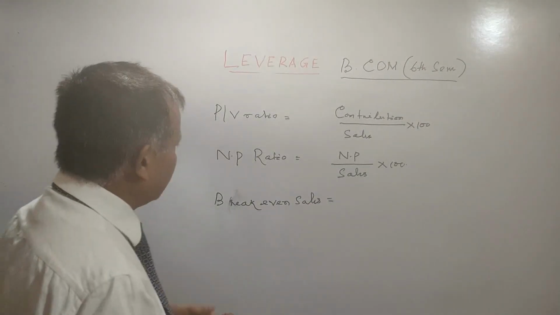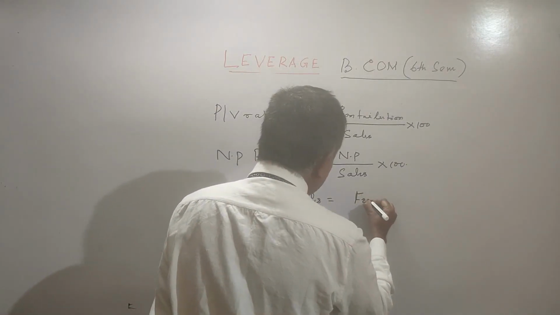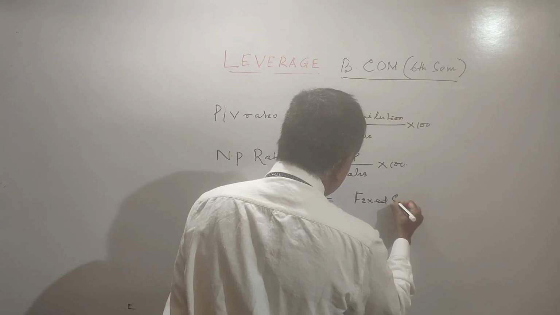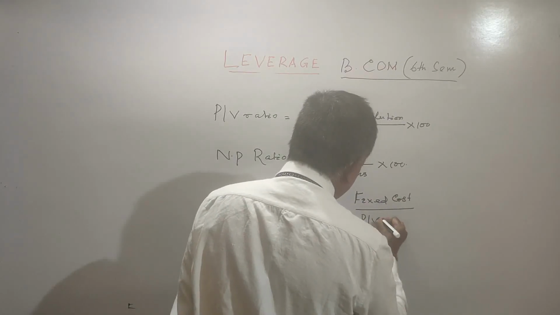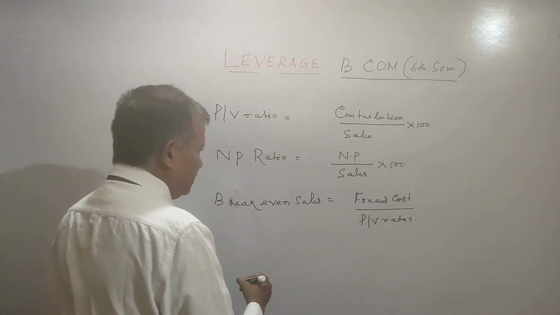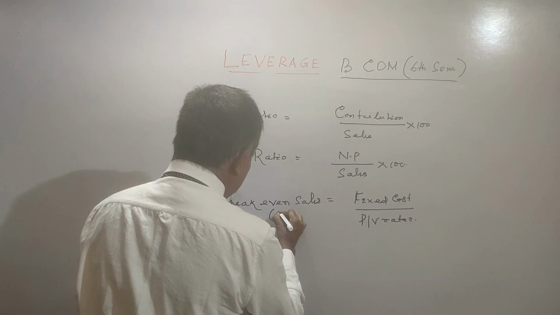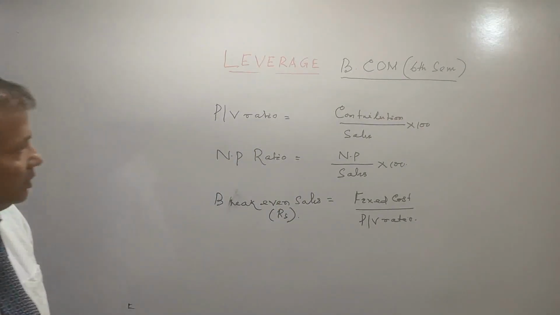This is your break even sales. And this formula is fixed cost divided by PV ratio. This is your break-even sales in rupees or amount.